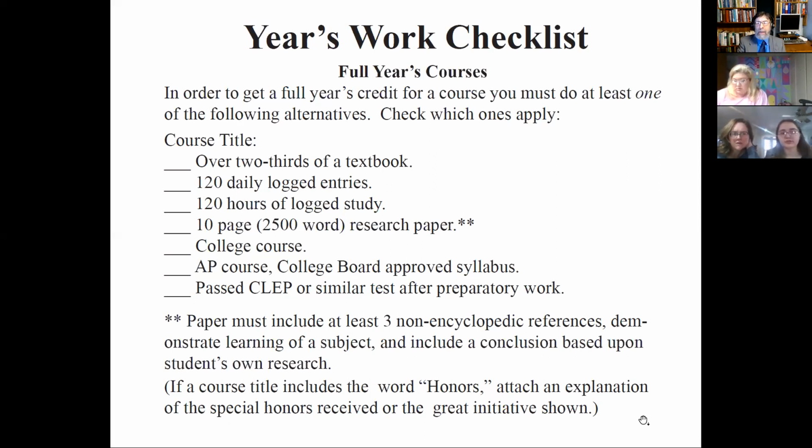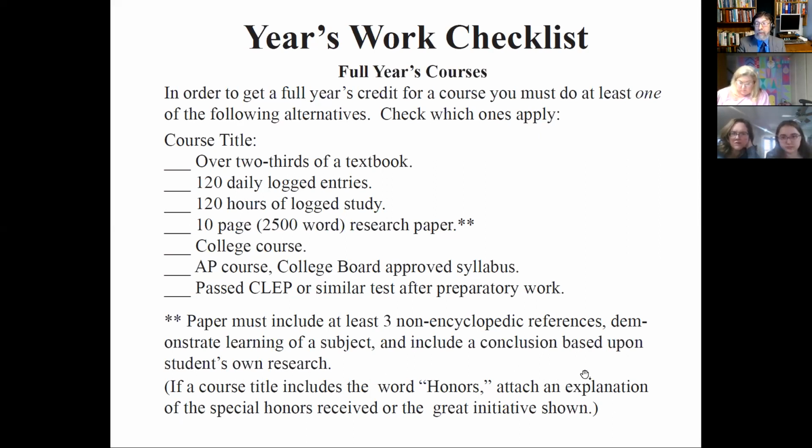Now, if the course includes the word honors in the course title, on the transcript, if it's called Honors U.S. History, then the evaluator has to attach an explanation of the special honors received or the great initiative shown.